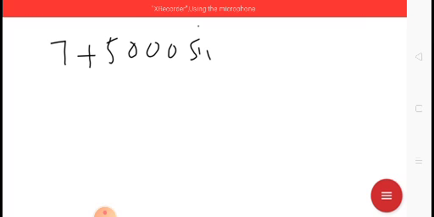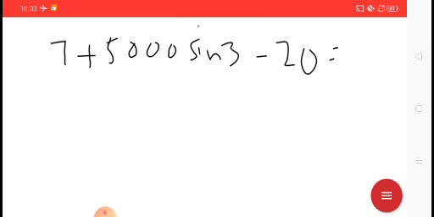For the separate items, you are able to form two equations. The first one is for the trailer: T plus 500 g sin 3 minus 20 is equal to 500A.